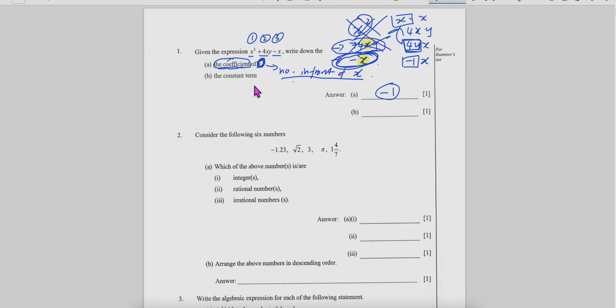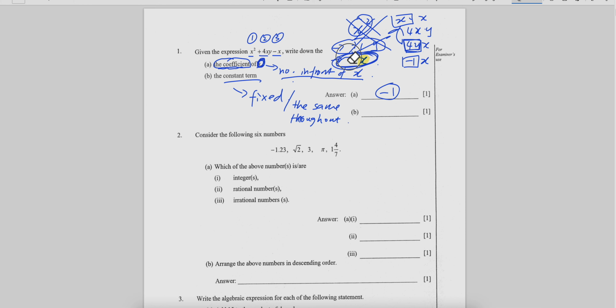Next, the constant term. You know what's the meaning of constant? The last one? No. Constant means fixed. Remain the same throughout. It's always the same. So over here, you look at all 3 of them.